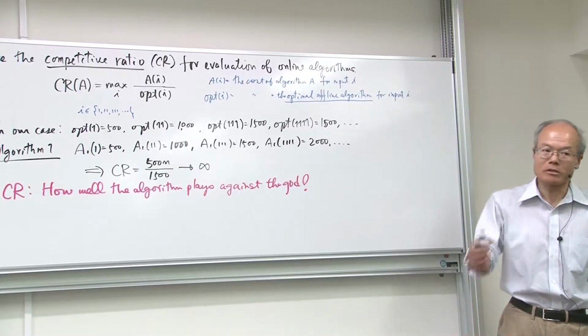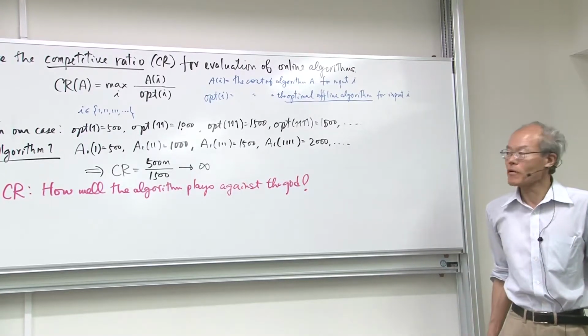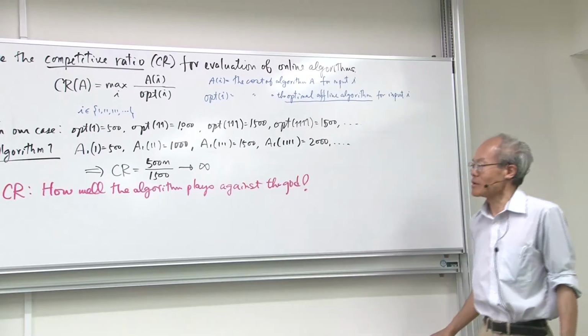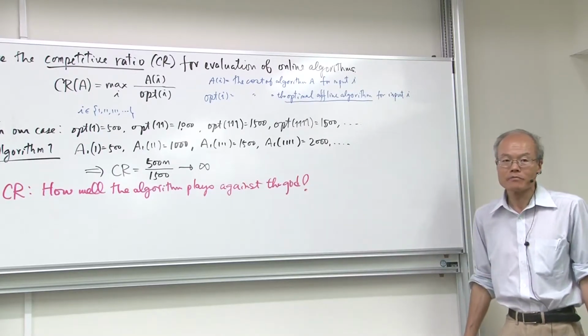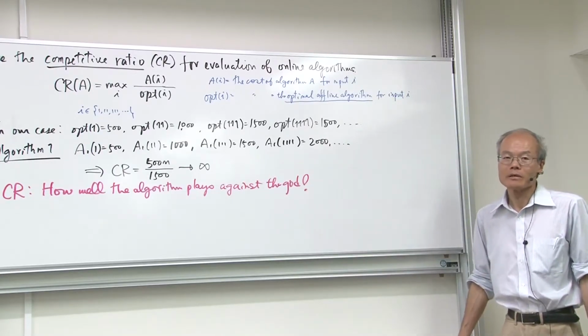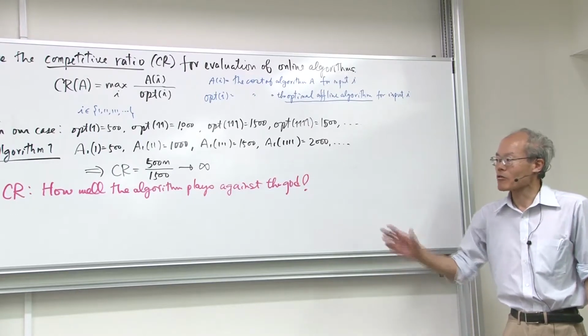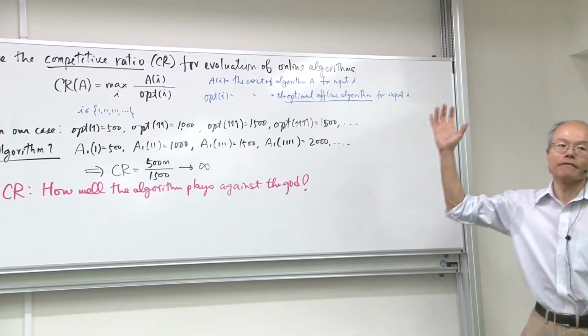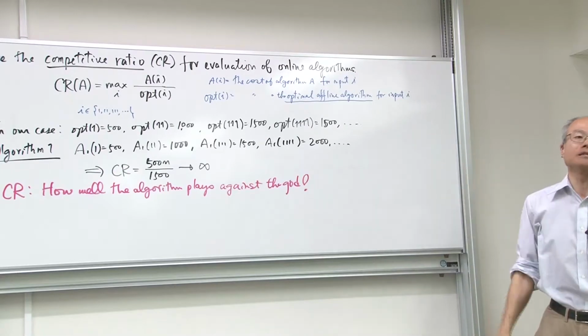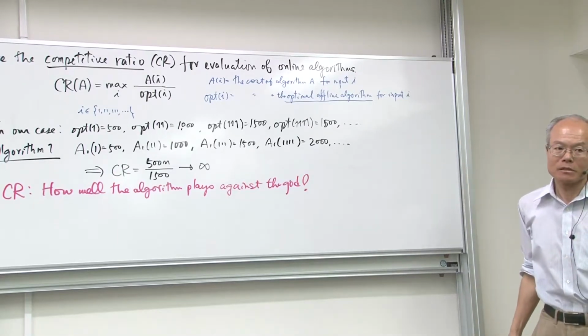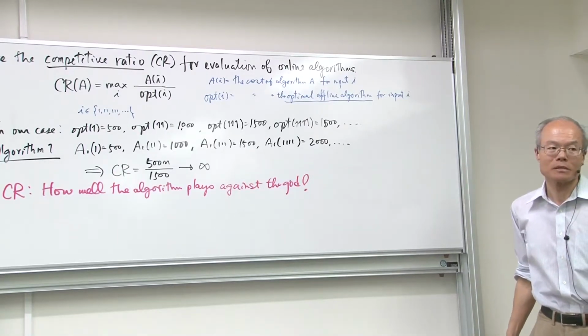The God knows the future input. So of course, the offline algorithm plays better than online algorithms, but we just compare the goodness of online algorithms against the goodness of offline algorithms, the best possible algorithms.